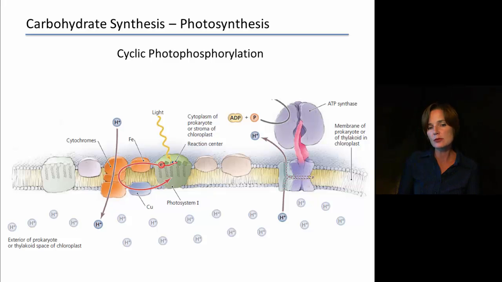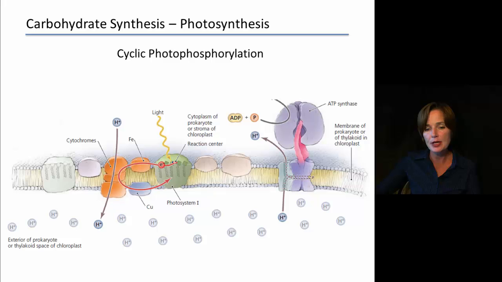Since it's a really small electron transport chain, it will slowly release the energy from the electrons in a controlled fashion. And when they do that, they are going to create a hydrogen ion gradient, or a concentration difference in the hydrogens, similar to what happened with the electron transport chain in cellular respiration. If we have that, then we can also get ATP synthesis using chemiosmosis and that fancy enzyme, the ATP synthase.